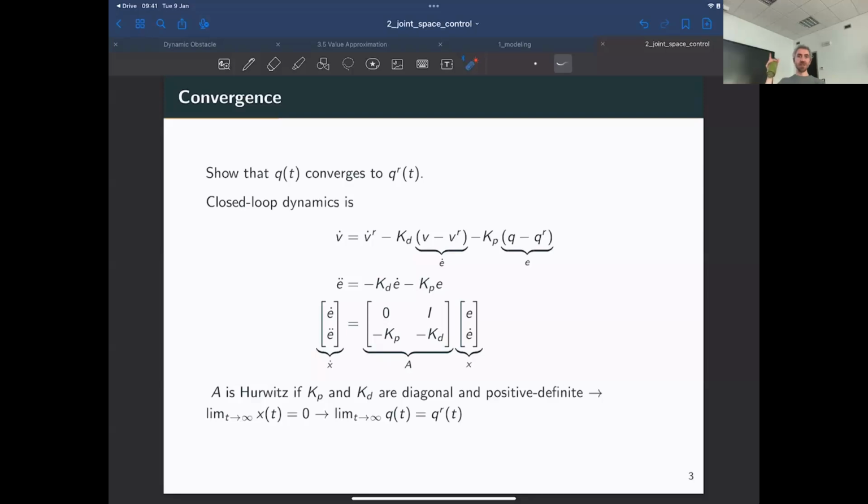It means not only we get there, but if we start close, this ensures that we remain close. So if your reference trajectory starts where your robot is at the beginning, you will always remain close to the reference trajectory. That's basically stability.